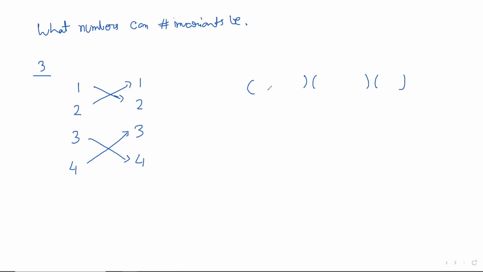Let's see. So through the cycles you get 1 invariant each. If there are 3 cycles, you get 3 invariants.